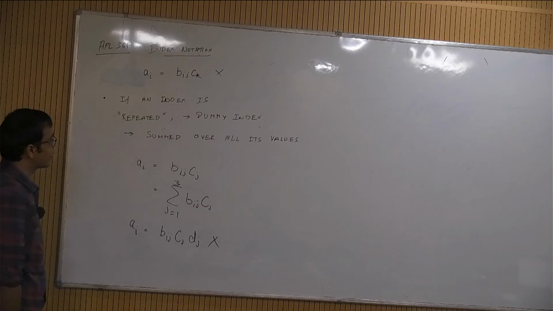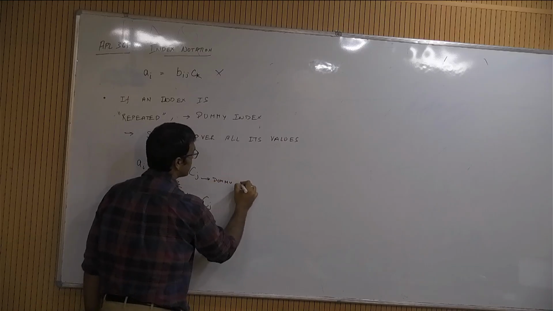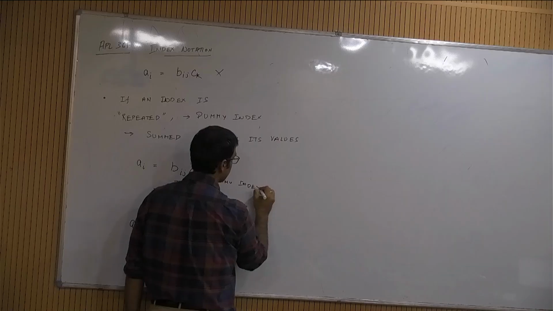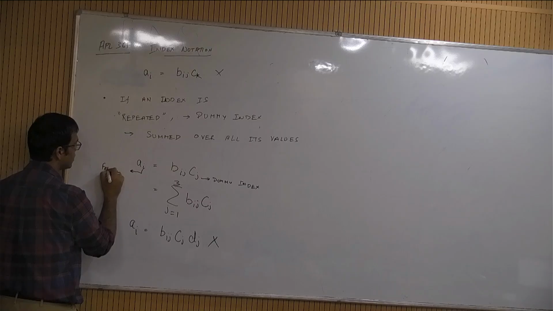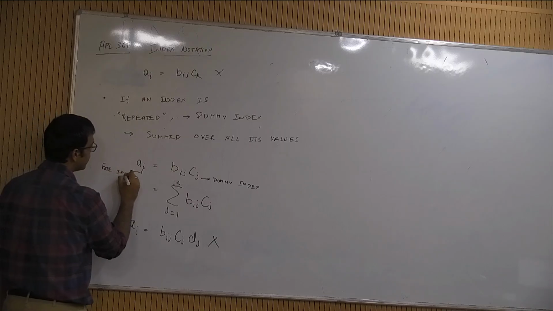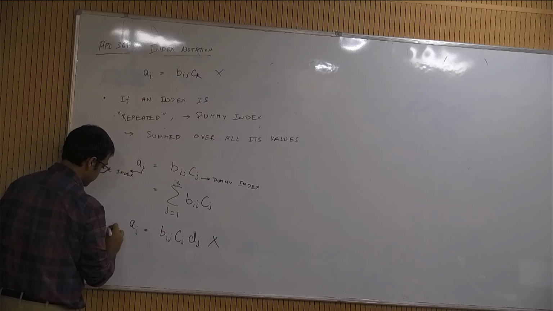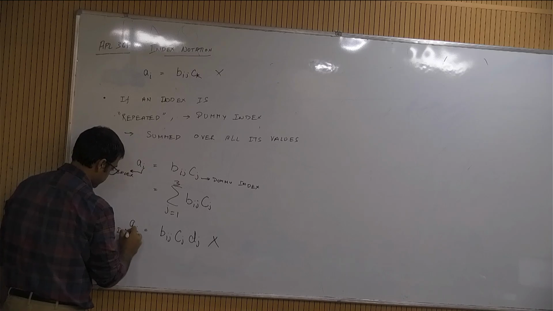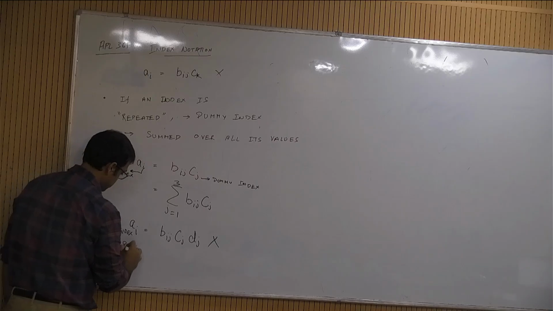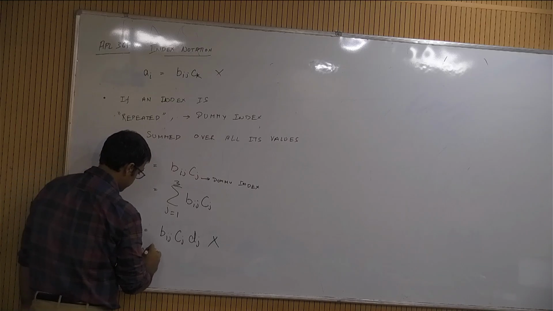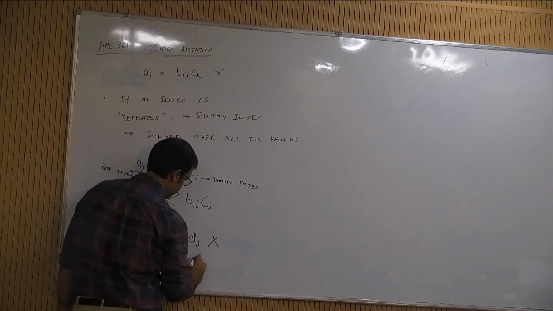Okay. J here was the dummy index. Which one is the other index? I, which is called the free index. So, the second rule of index notation is that the free index should be the same on both sides of the equal sign.